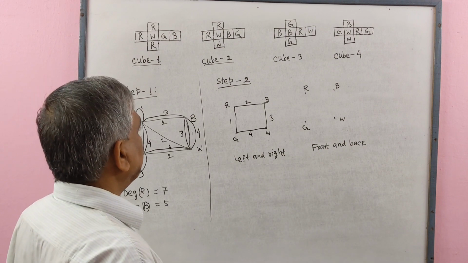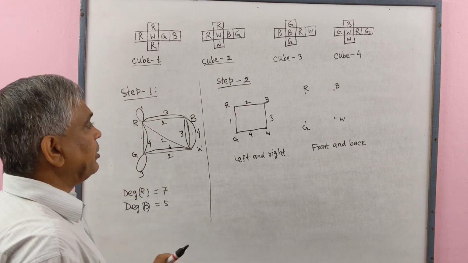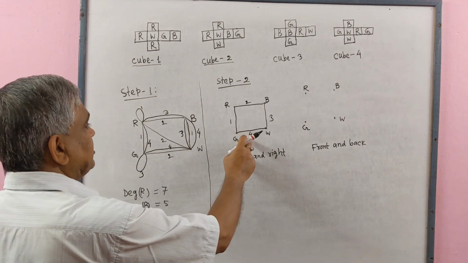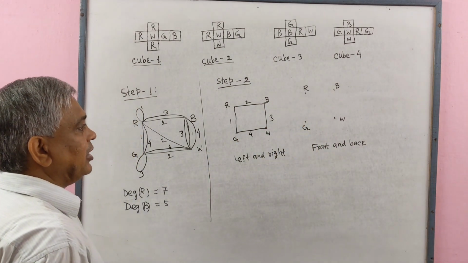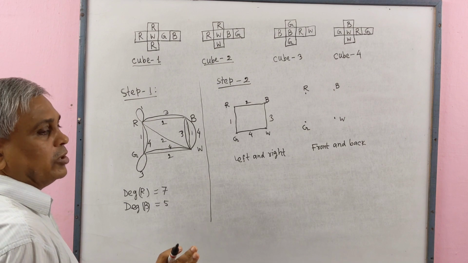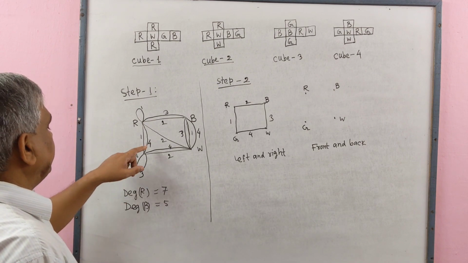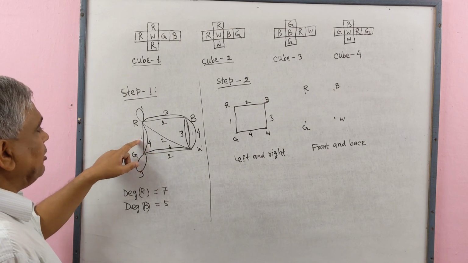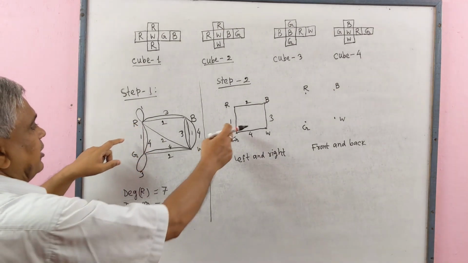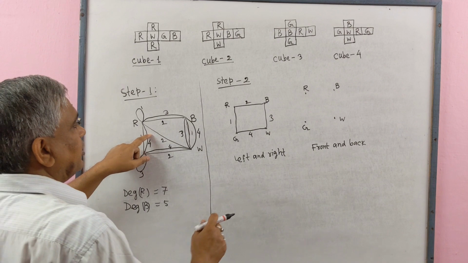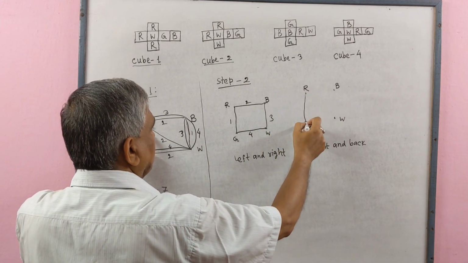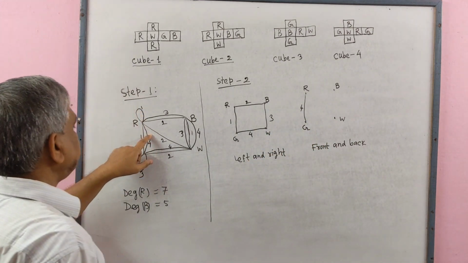But it is to be remembered that this subgraph and this subgraph must be edge disjoint subgraphs. No edge will be repeated. So we start from here. We have already taken 1 here. So we will take 4 here for the fourth cube.